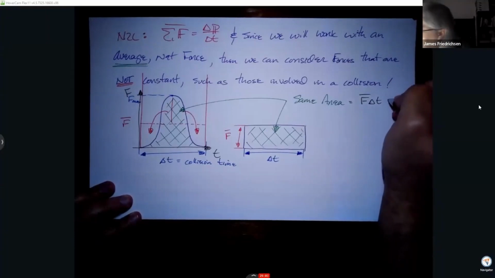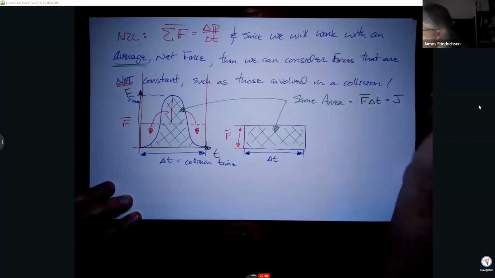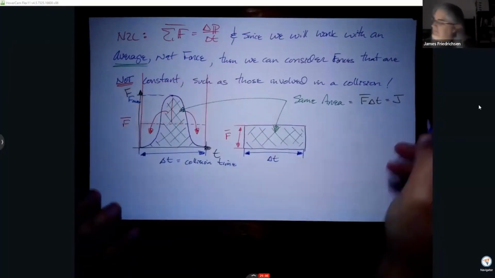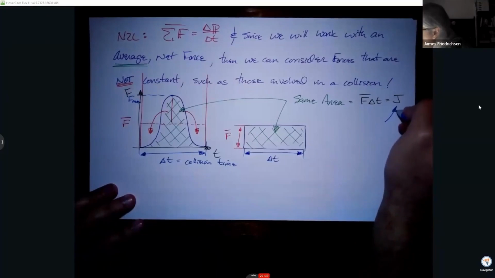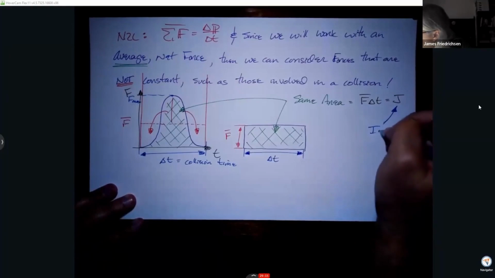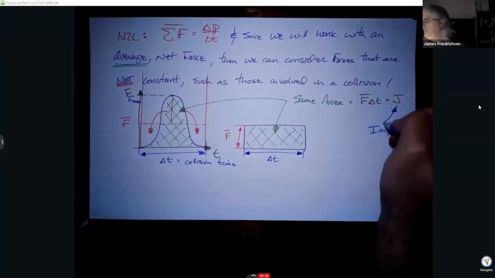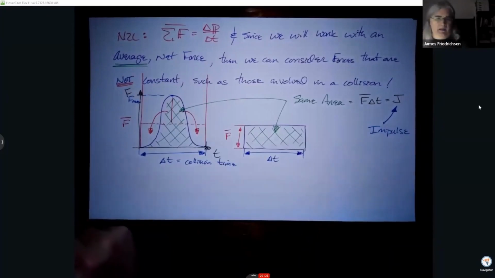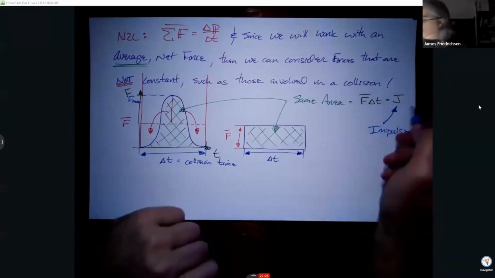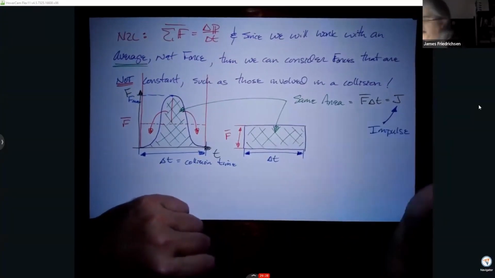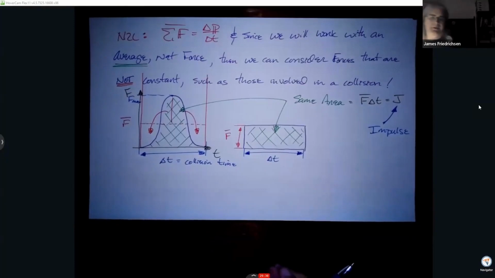And they define this to be a quantity that they refer to as the impulse. And so what we actually will want to work with is not just this amount of area, but we want to define what they refer to as the impulse vector.